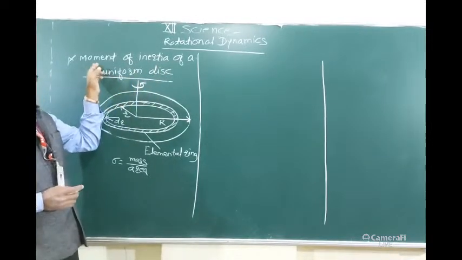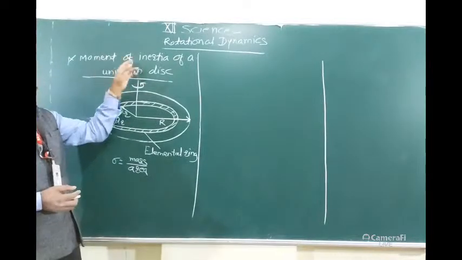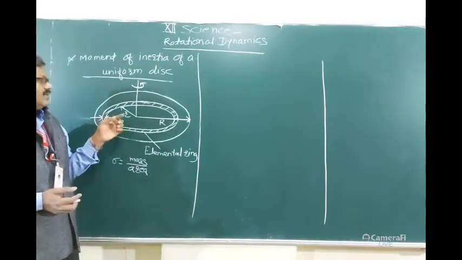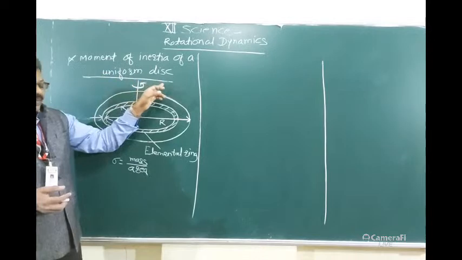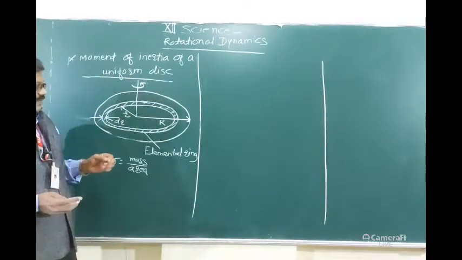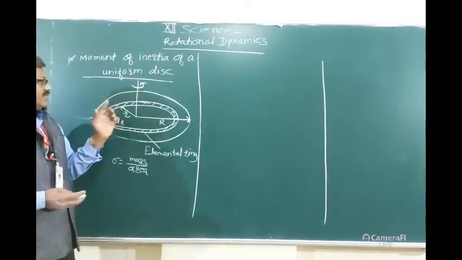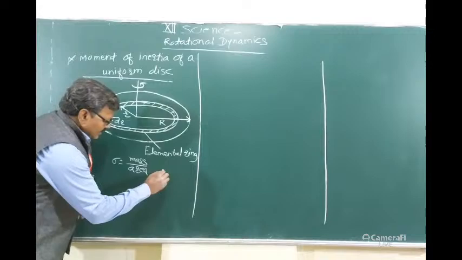Now we want to derive the relation for the moment of inertia of a uniform disk. Consider a uniform disk of mass m.